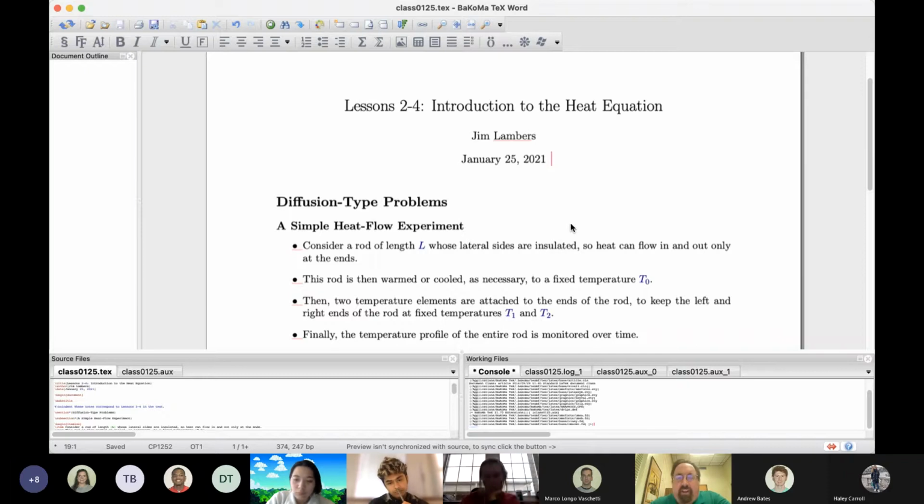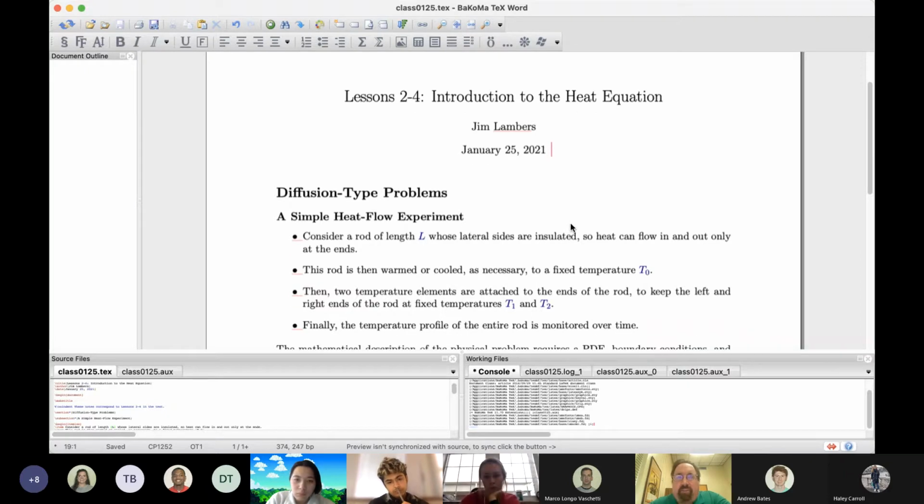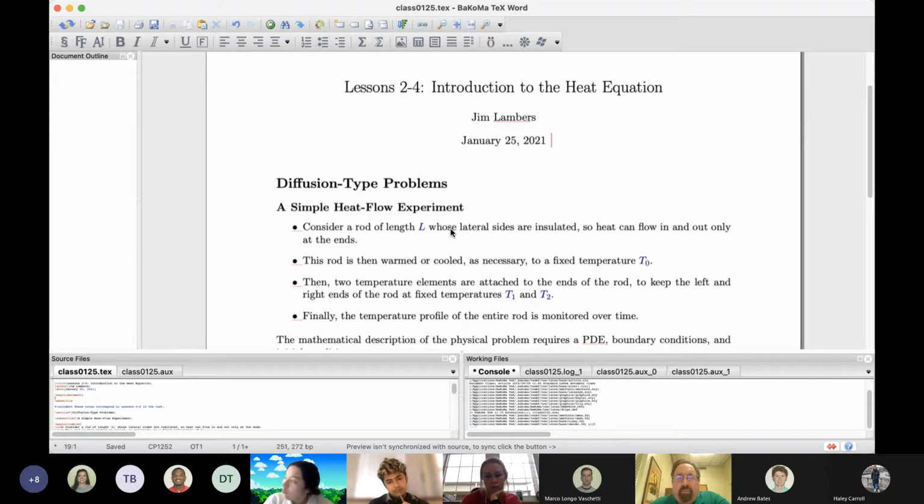So what we're studying is heat flow within an object, and because we want to keep it simple with just one dimension, that object will be a rod of length L, and we want to limit this to heat flow in and out only at the ends. So to just have heat flowing through the rod, so that we don't have heat flowing out the sides.